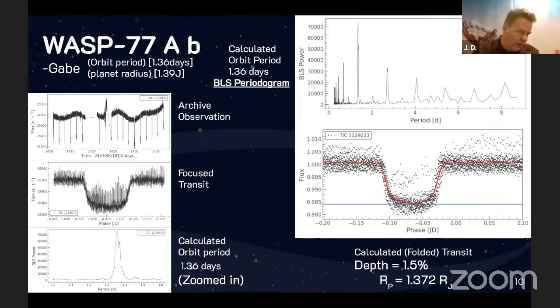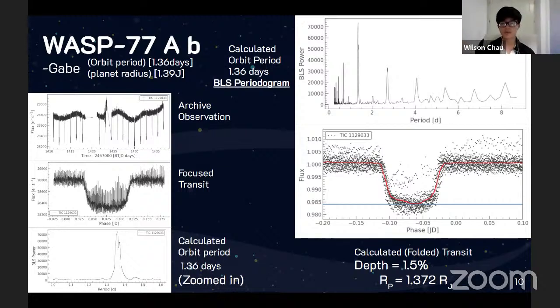Excellent. We have one more question, unless somebody else comes in. Actually, two more. Across all the systems you analyzed, were your measured planet sizes consistent with those from the Exoplanet Archive?